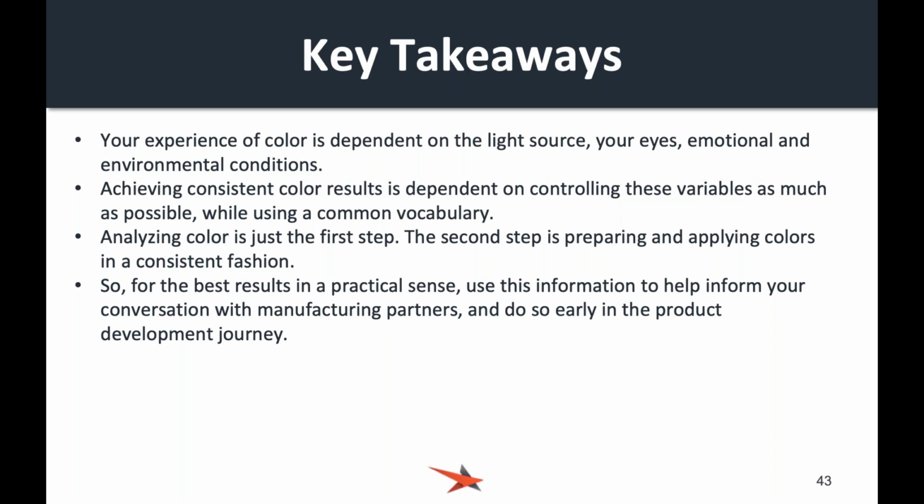The second step is preparing and applying colors in a consistent fashion. So, for the best results in a practical sense, use this information to help inform your conversation with manufacturing partners and do so early in the product development journey.